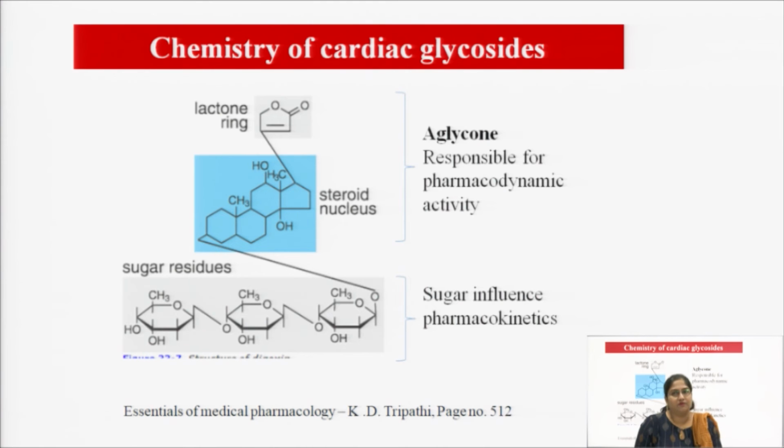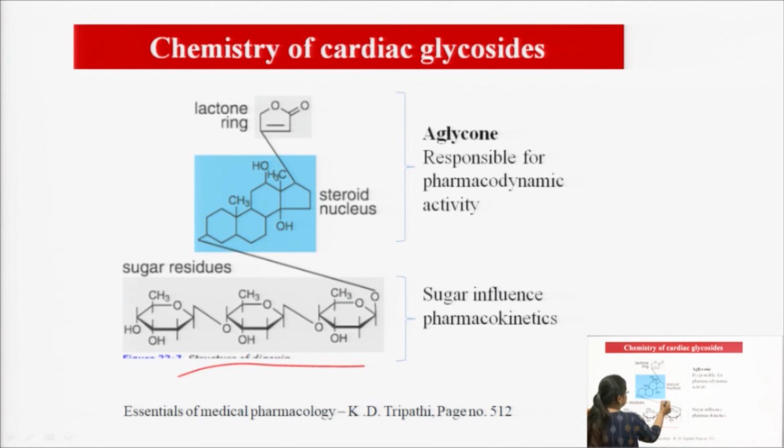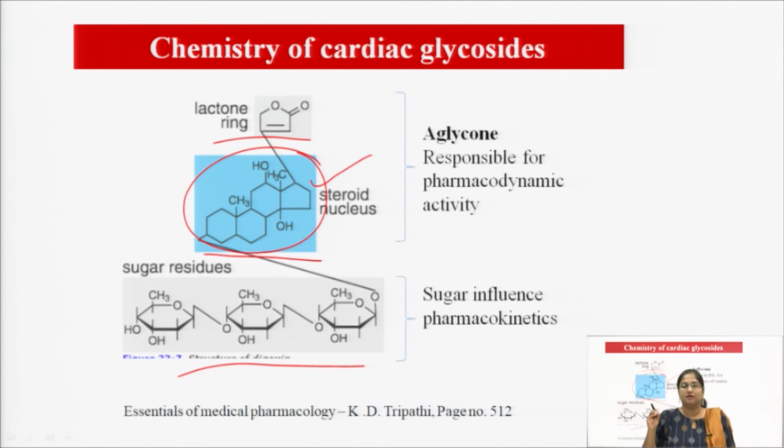Here, for this slide, I was talking about the general chemistry. Digitalis, digoxin and digitoxin, any glycoside you can take, are divided into three main parts: the sugar part, the steroidal part and the lactone ring. We have discussed that the steroidal part is very important for the potent activity.